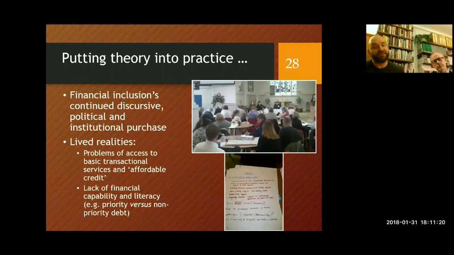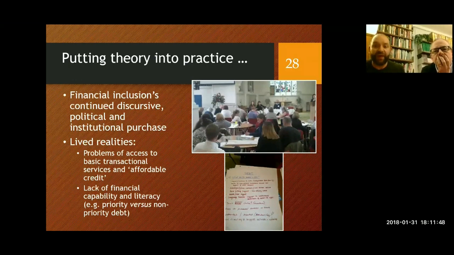That doesn't sit very comfortably with a lot of the critiques that I've just outlined. Also, if you talk to debt advocacy groups, one of the things that will come out time and time again is that one of the real problems is the lack of financial capability and literacy. So people are over indebted, and they aren't able to distinguish between priority and non-priority debt.